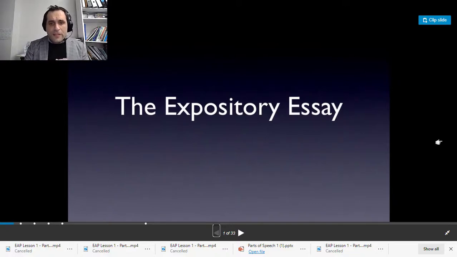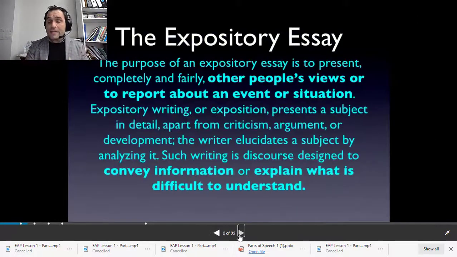As I said before, the main reason you write an expository or explanatory essay is to report to the reader on a topic that you have learned about.